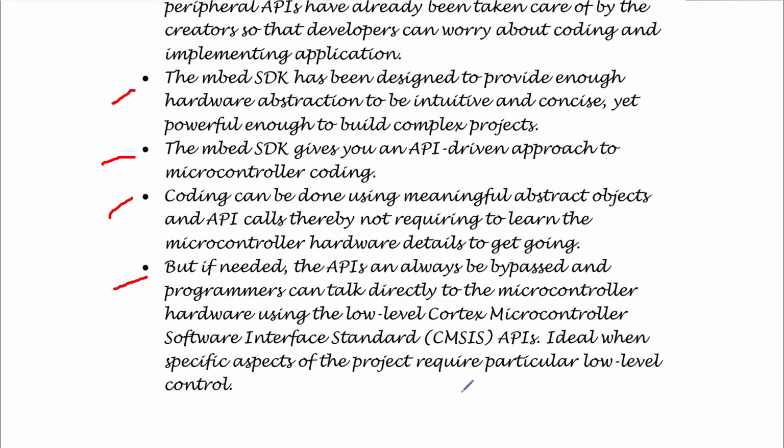This is ideally used when specific aspects of the project require particular low-level control. If we are not satisfied with only the APIs, and we want to go deeper into the hardware or control a particular aspect of the microcontroller, then yes, you can bypass the APIs and directly talk to the microcontroller on a lower level.